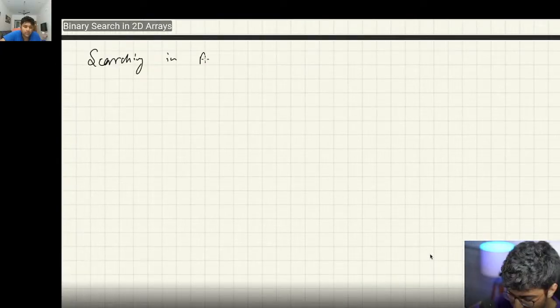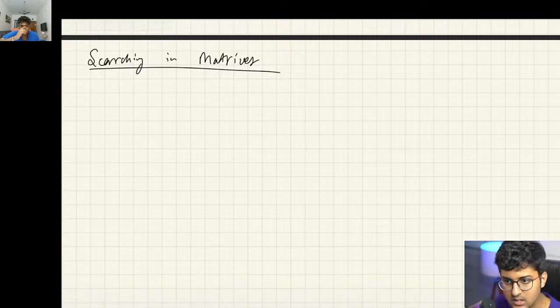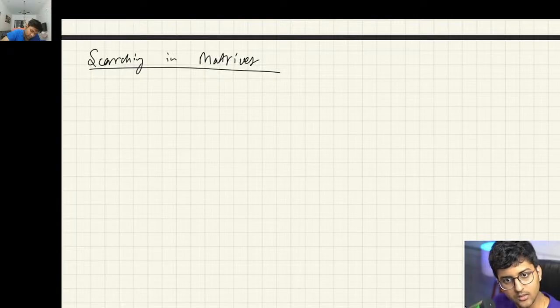We already covered this in a 2D array. If you're not aware of what 2D arrays are, make sure you check out the links in the description. So we're talking about searching in a 2D array, right?